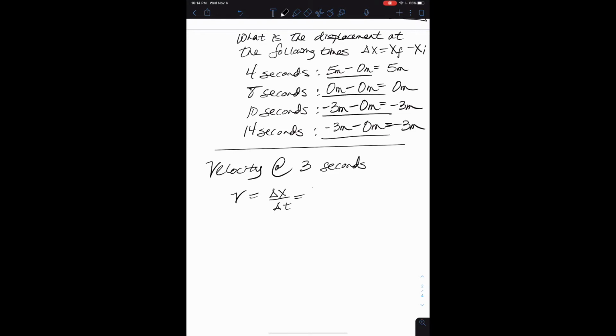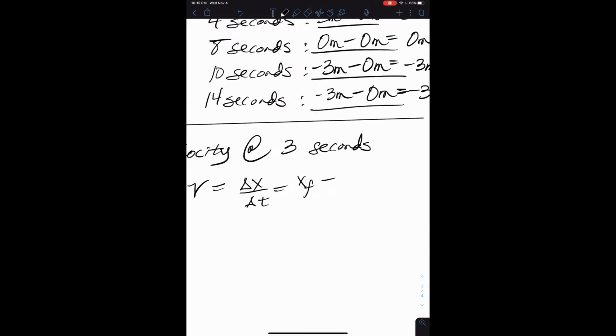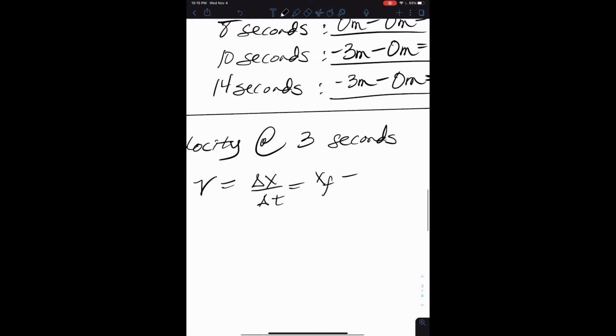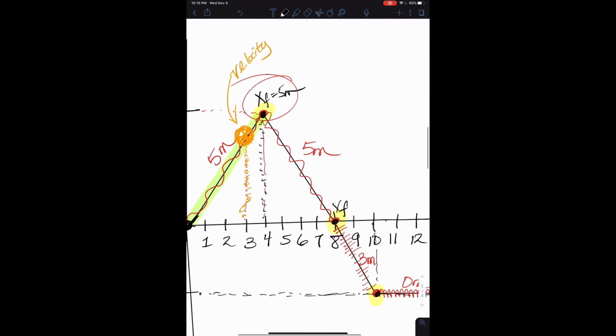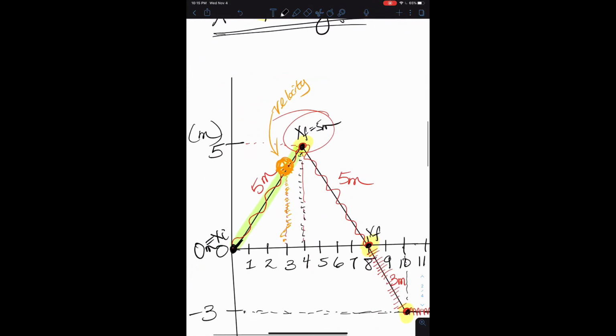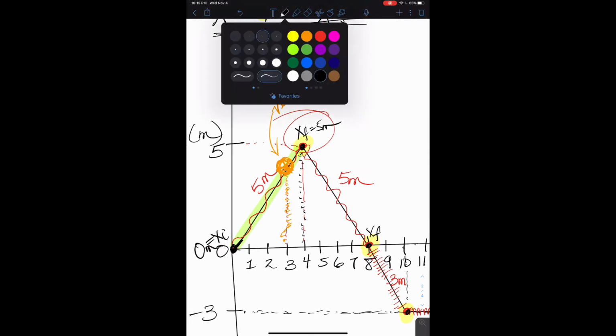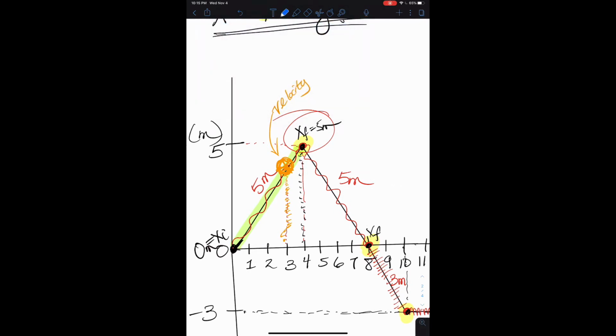We're going to expand it out into xf minus xi over tf minus ti. And that's going to give us our velocity. But what are the final and initial positions and times? So if we go back up and look, on this green segment, we just pick two points, one to be final, one to be initial. And it can be any two points.